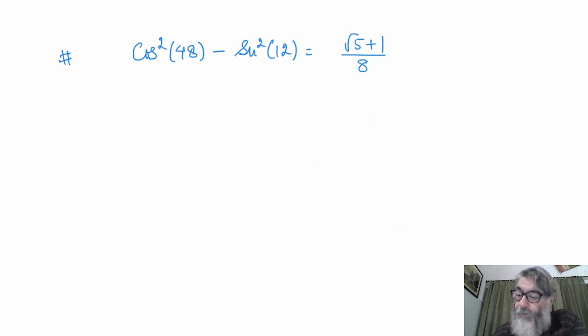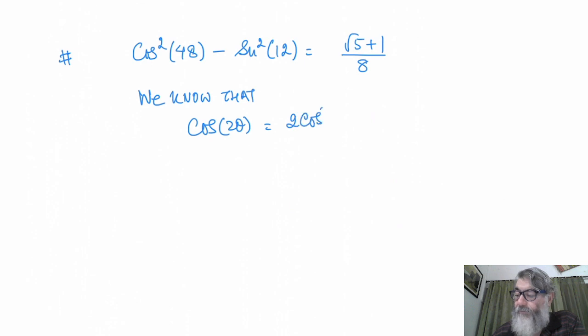Now, we know that cos 2 theta is equal to 2 cos square theta minus 1.